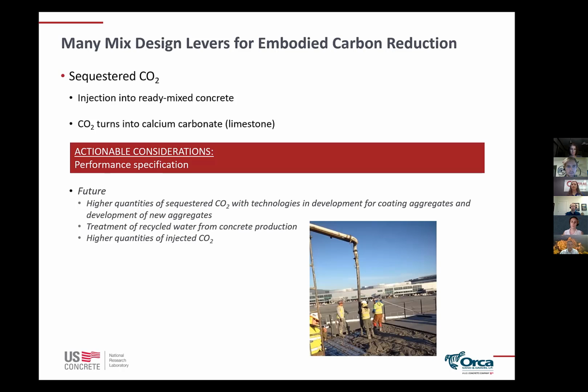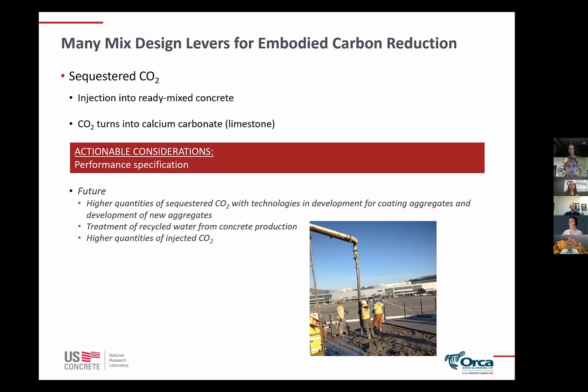And future technologies that I've seen presented on that I am aware are being worked on by others out in the industry are looking at doing higher quantities of sequestered CO2 by developing coatings that go around aggregates. Again, this goes back to with aggregates being a significant amount of volume, that's a great opportunity to look at in trying to do more sequestered carbon and ultimately lowering that embodied carbon of concrete mixes.